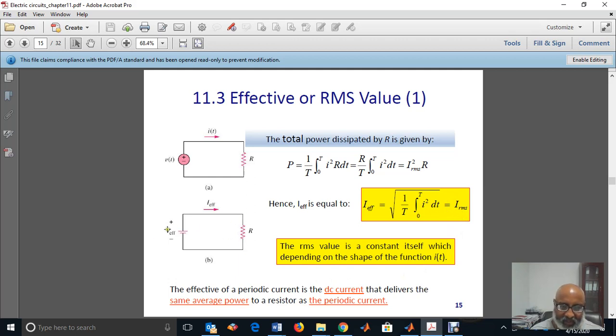If I have, for example, a DC source, it is the equivalent current if that DC source gives the same amount of power as the AC source here. So if I have a DC current, for example here, it will be IDC squared times R. So that means that IDC is equal to IRMS.